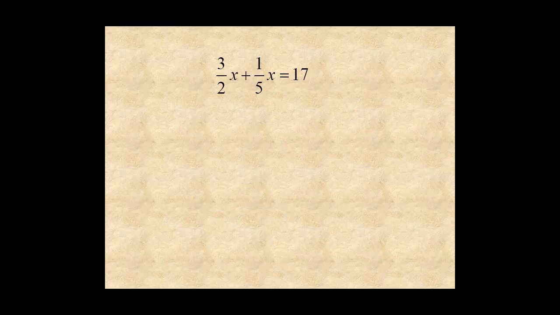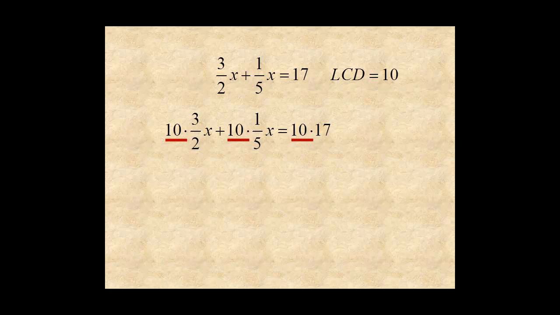With this in mind, here's an example of an equation with fractions. The LCD for the denominators of the equation is 10. But we're not going to use the LCD to add or subtract. Instead, we're going to multiply both sides of the equation by the LCD. And in one step, both fractions are eliminated from the equation.